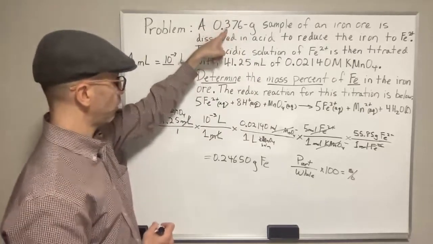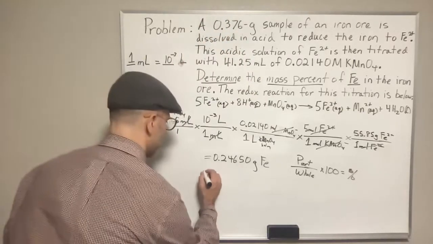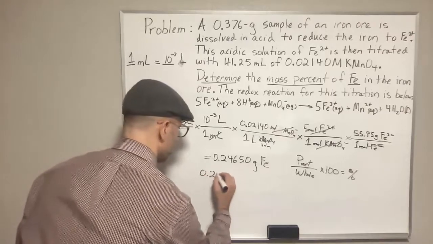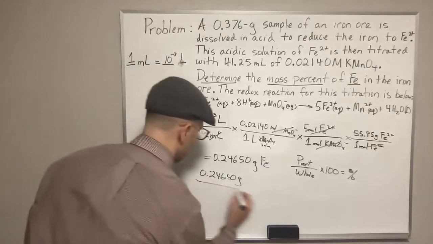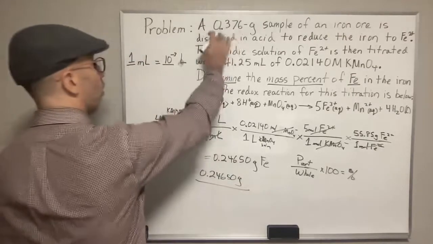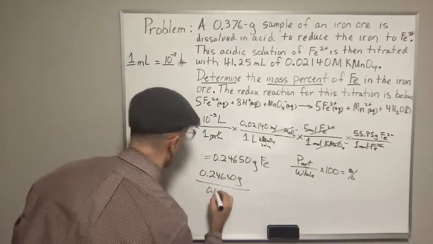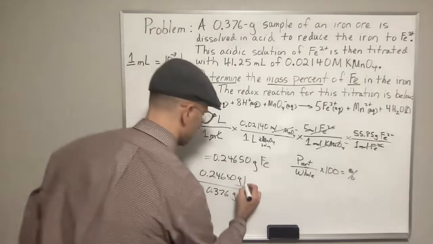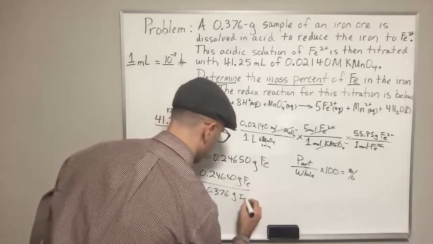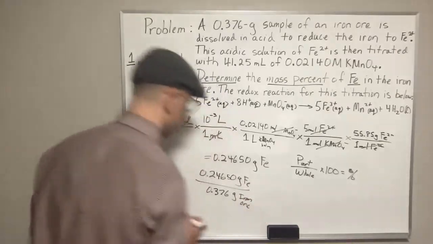So this is our whole, this is our part. So we're going to take the part, 0.24650 grams divided by the whole here, 0.376 grams. So this is Fe, this is the iron ore.